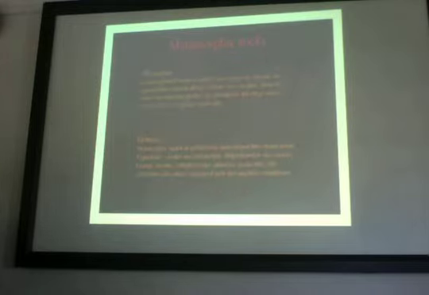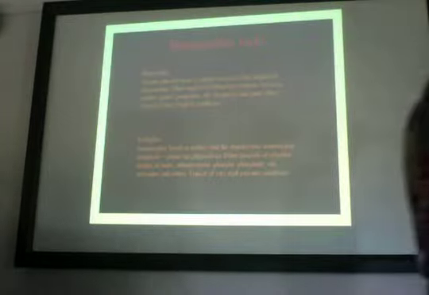Next slide. Then we have the blueschist. The blueschist is blue because of the blue mineral glaucophane. Glaucophane is an amphibole, and it is blue because of the sodium concentration.